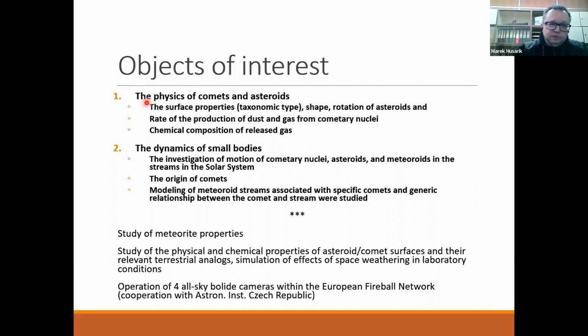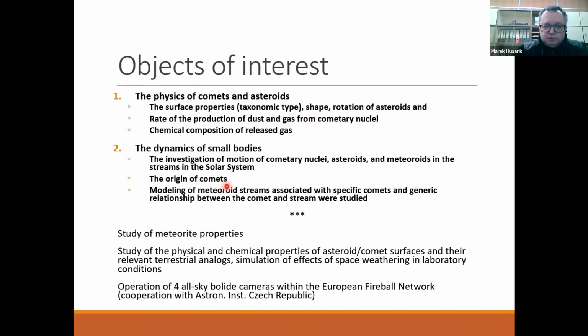We study the physics of comets and asteroids, like surface properties, shapes, rotations of asteroids, or the rate of production of dust and gas from cometary nuclei and chemical composition. The second main focus is the dynamics of small bodies.